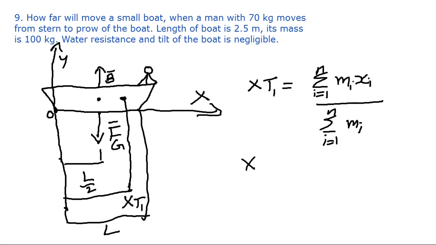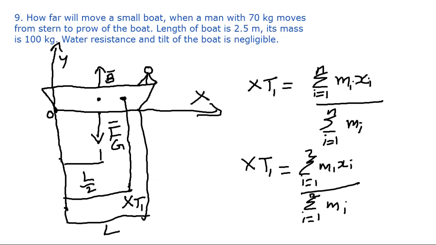That is boat and the man. So xt1 is equal to sigma mixi, sigma i equal to 1 to 2, we have two particles, divided by sigma i equal to 1 to 2 mi. So that is the equation that we will be using here.